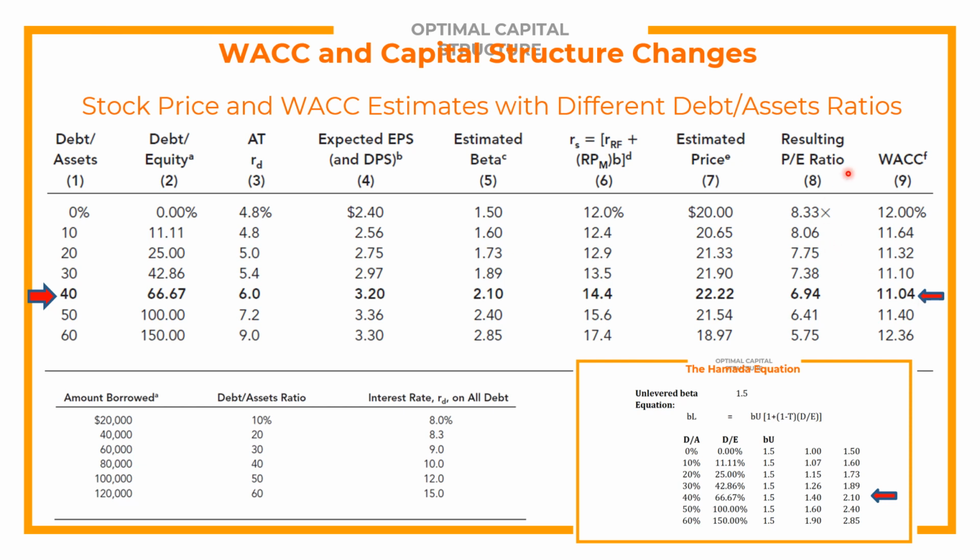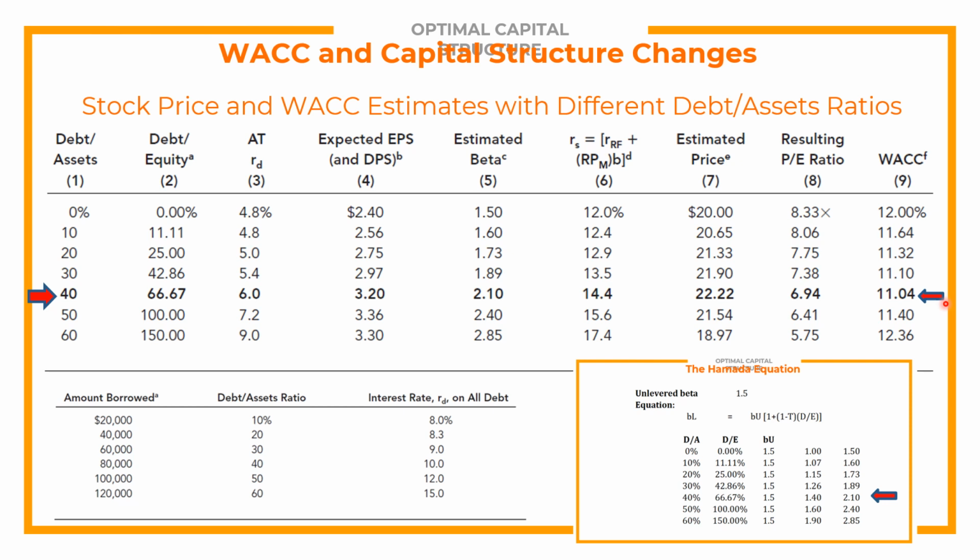As you have computed in your self-check, I asked for self-check number 1 for the debt level of 20% and self-check number 2 for the debt level of 30%. The answers are here. So this is the WACC for 40%.